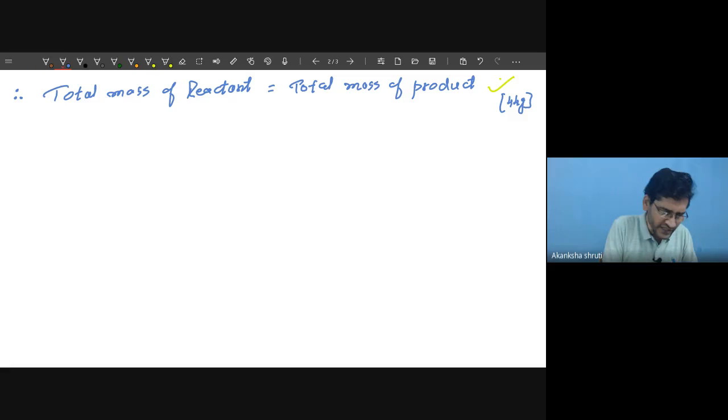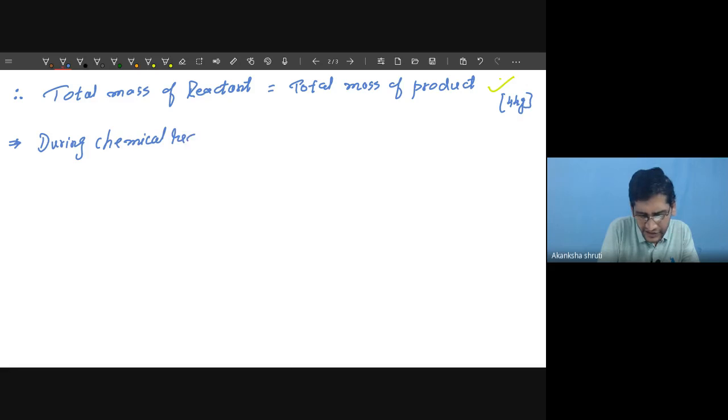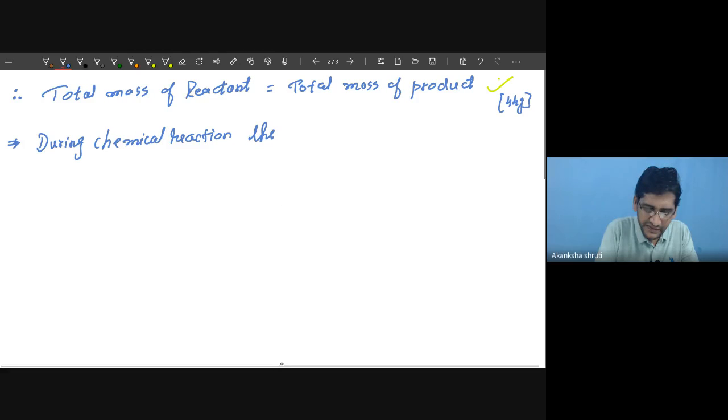That was the conclusion, the other way of stating the same thing. So during a chemical reaction, the mass remains unchanged.